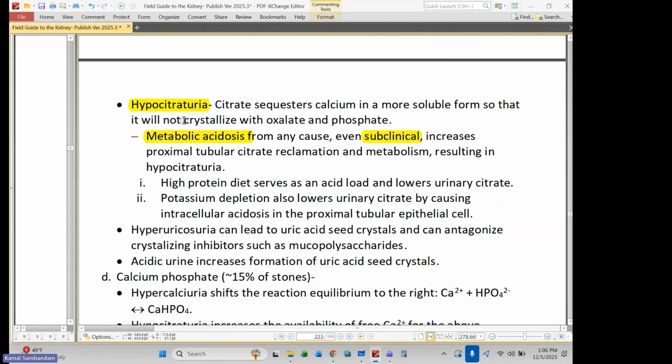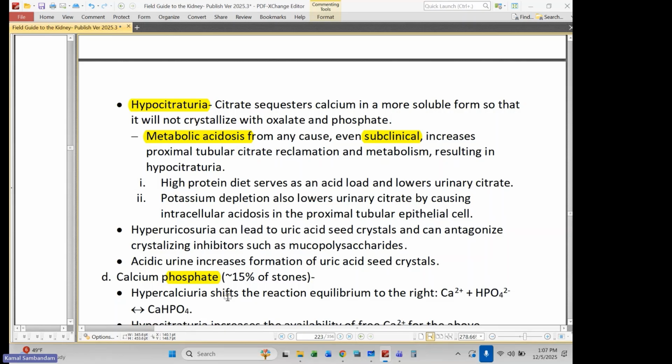Hypocitraturia is a modifying factor. Once we talk about calcium phosphate stone formers, we often do harm in calcium phosphate stone formers by giving too much K citrate. We'll talk about that next time. I'm not going to get to that today. But one way that you can do no harm in a calcium phosphate stone former is to make sure they're not K deficient.